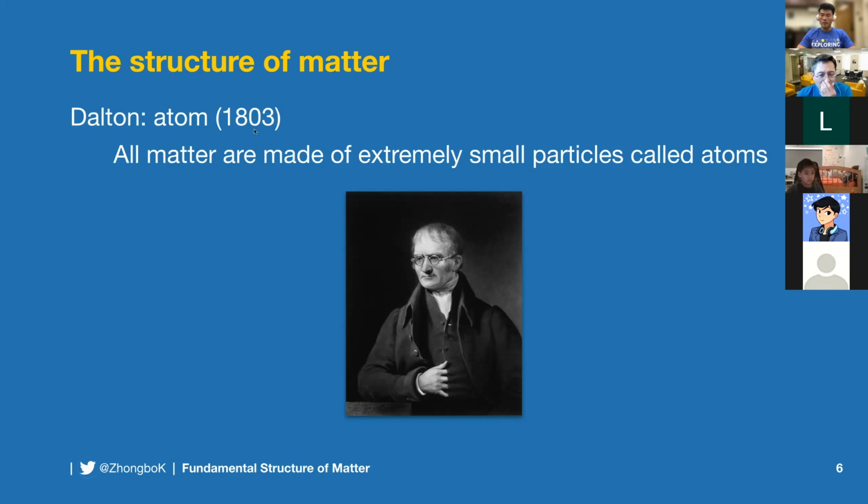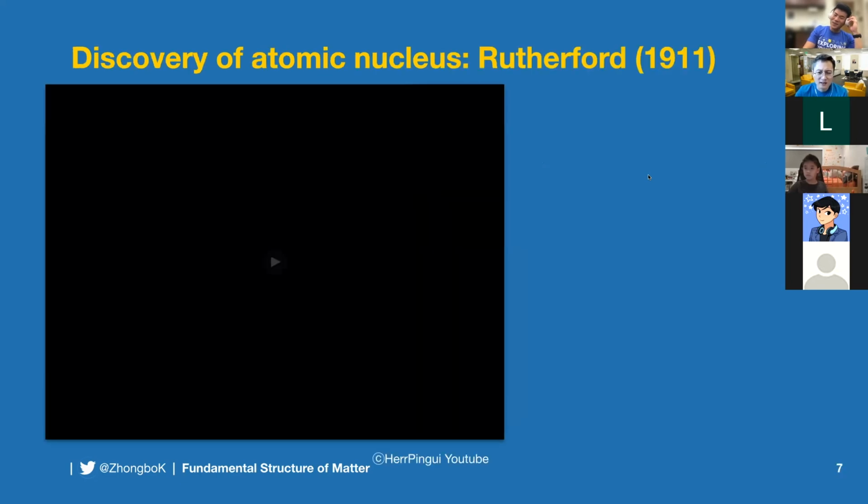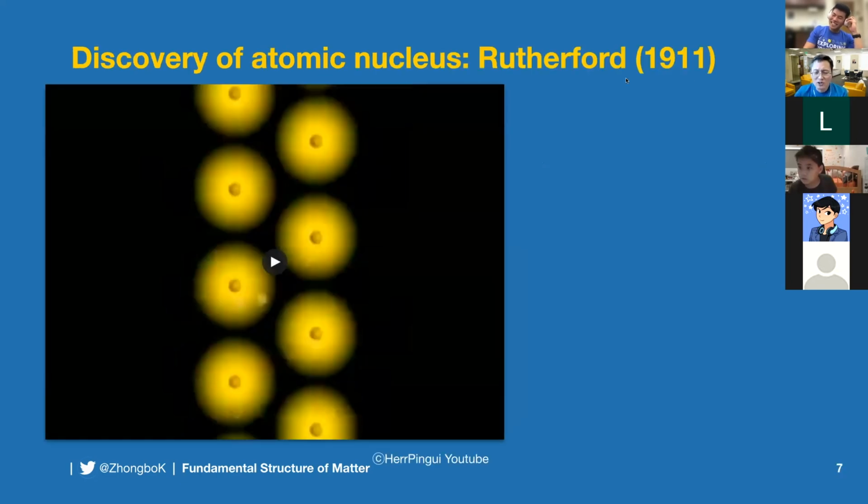In 1803, Dalton for the first time proposed atoms, the idea that all matter is made of extremely small particles called atoms. After that, it took almost 100 years until we finally discovered the atomic nucleus.